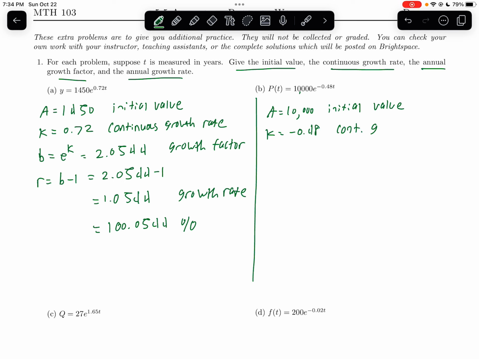So this is your continuous growth rate. b is that e to the k, right? So this is e to the negative 0.48, which is 0.6187. Good enough.